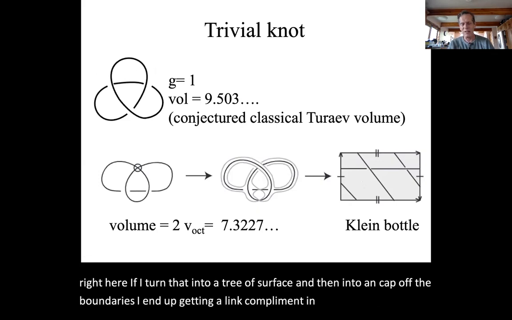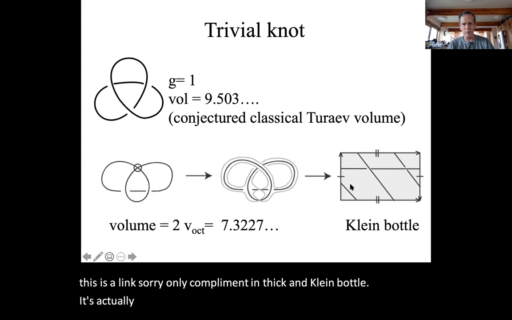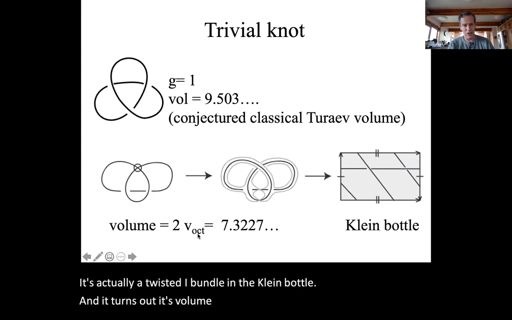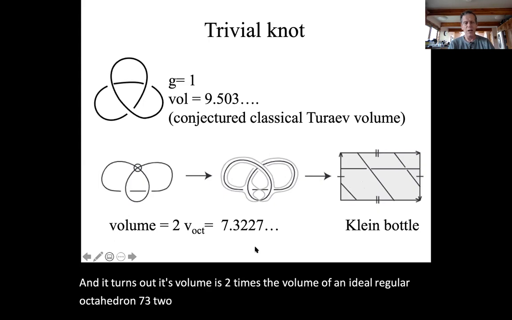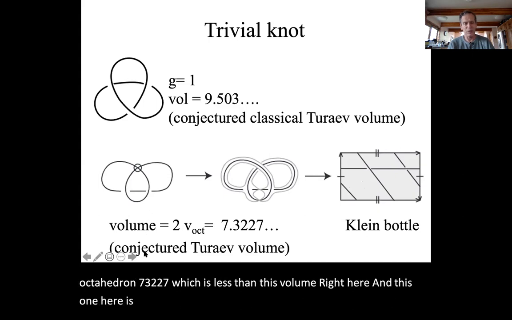So this is a link complement in a thickened Klein bottle. It's actually a twisted I bundle over the Klein bottle. And it turns out its volume is 2 times the volume of an ideal regular octahedron, 7.3277, which is less than this volume right here. And this one here is the conjectured Turaev volume. So we don't know, but that's what we think it is.